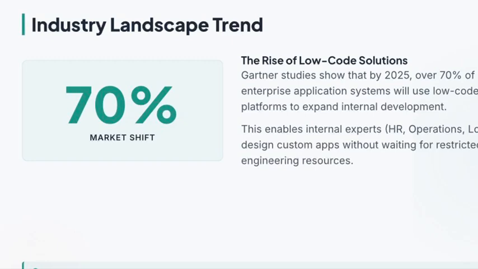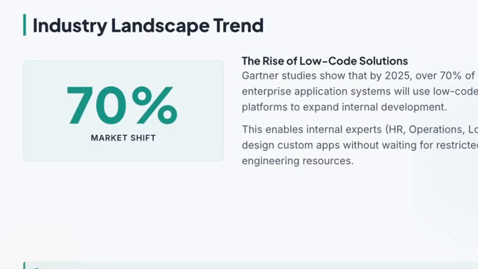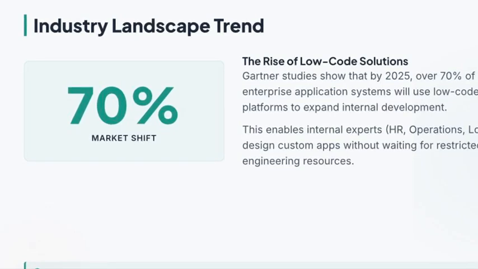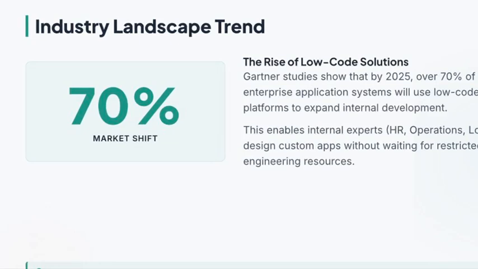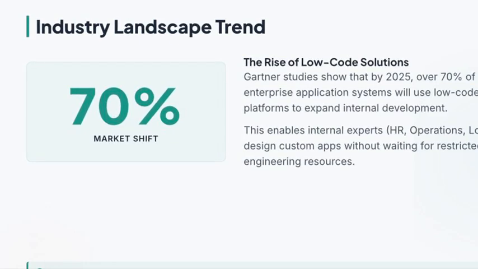Because the demand for custom software is growing much faster than the supply of professional developers. Organizations realize that they can no longer afford to wait for IT for minor operational tools. Giving department heads the power to safely build their own tools is the only way to keep pace with digital transformation.